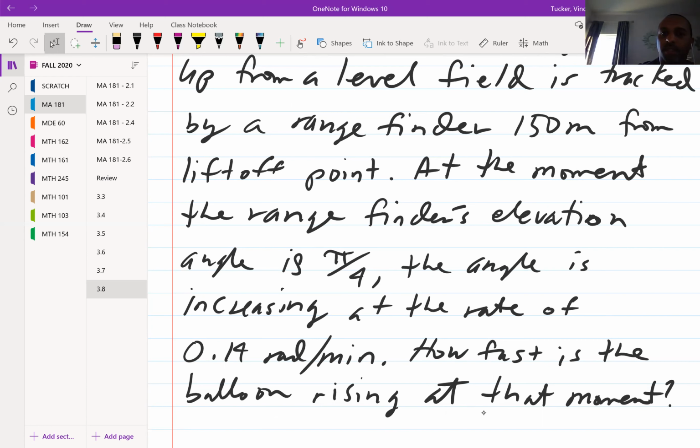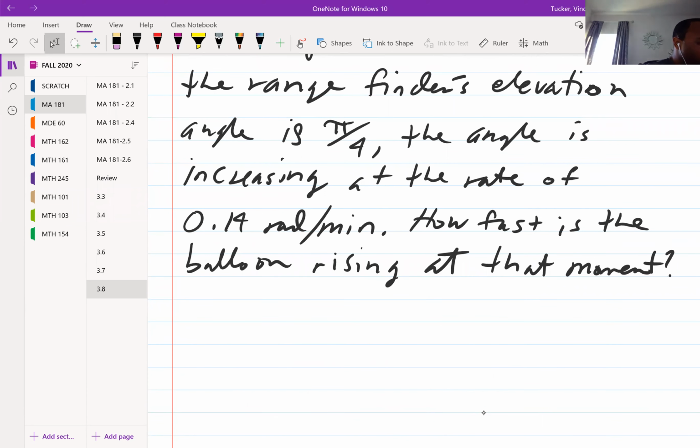All right, so let me draw a little diagram as to what's going on here. Yeah, that don't look right. Good enough.